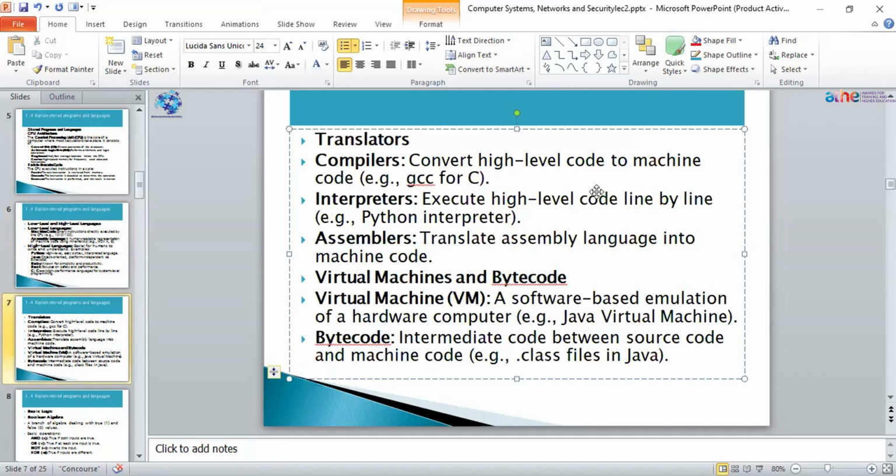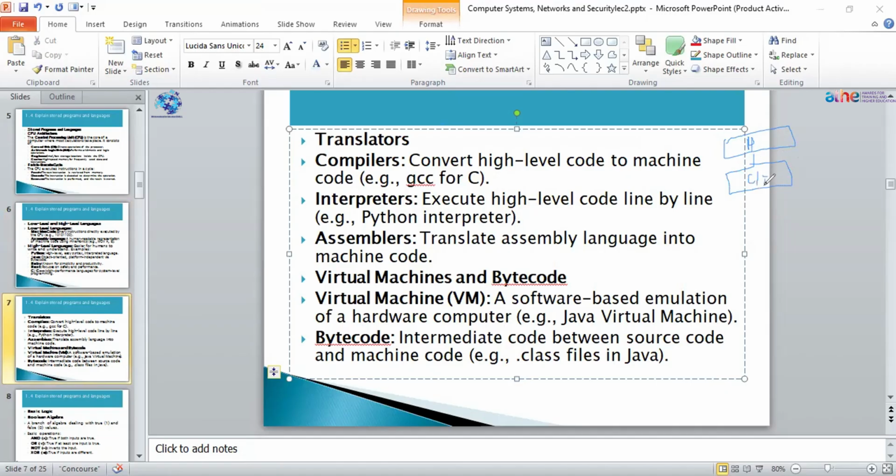So if I draw a specific flow diagram for that, this is our main code that is written in the high level language. Like here is the code in the high level language. Then after that, here we have a compiler or we have an interpreter.